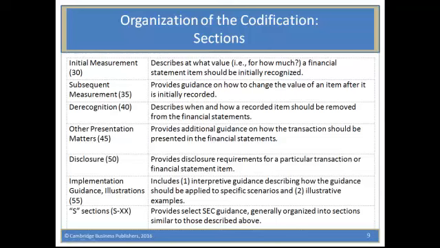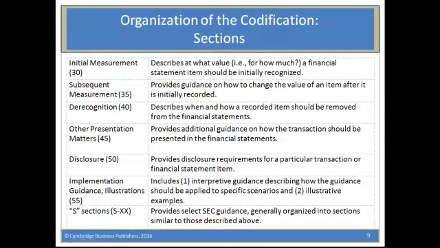Section 55 is implementation guidance. Note that this includes interpreted guidance describing how the guidance should be applied to specific scenarios and illustrative examples. These are great. The FASB has provided these to help practitioners understand the GAAP. But you don't want to cite section 55 for the GAAP.